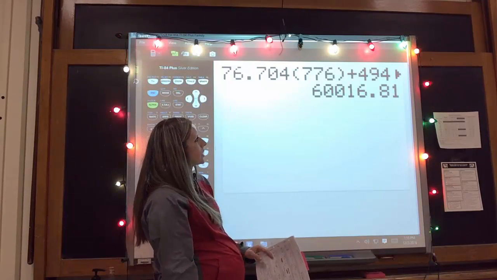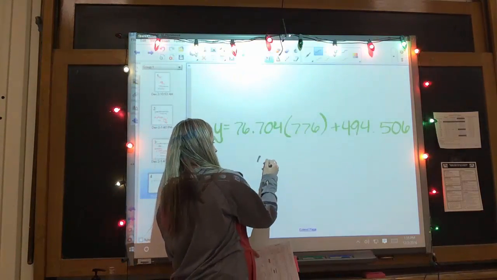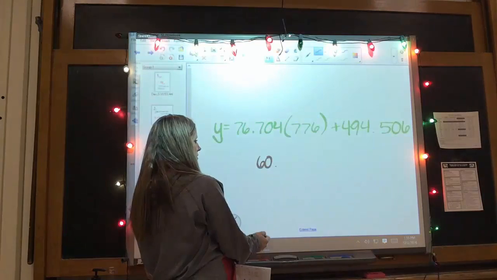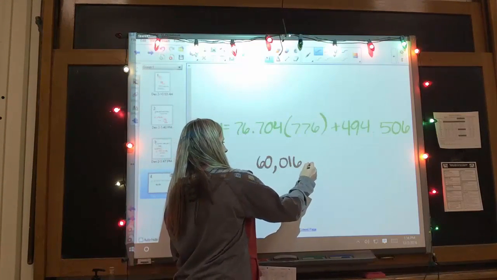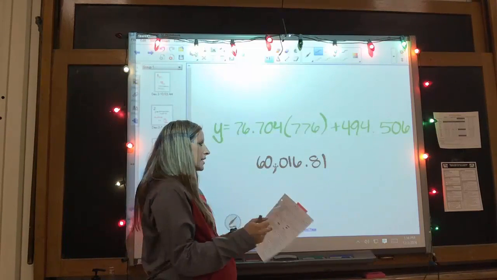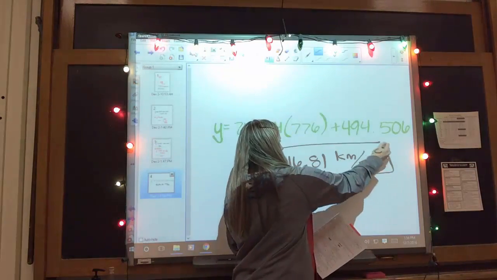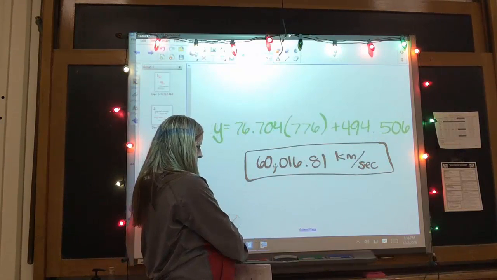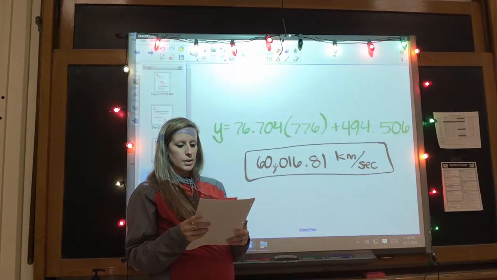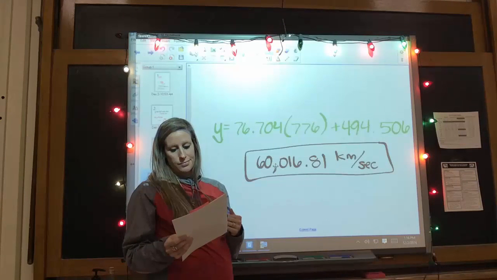Okay, so you should get 60,016.81. And we're talking about velocity here, and our table says that's in kilometers per second. Okay, so that's how you're going to do the other 4 problems. It should go pretty quick. It's just a bunch of typing in the calculator, and that's about it.